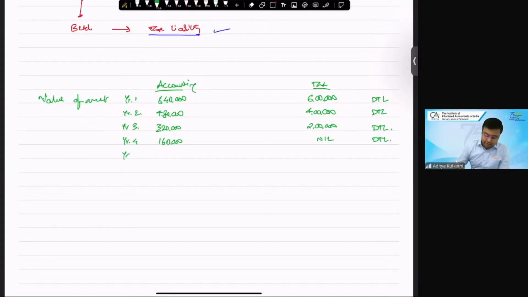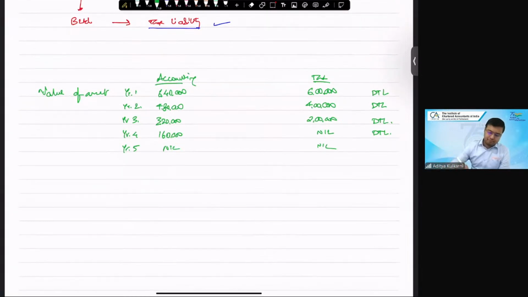In year 5, the status quo comes. Are we able to understand this? Did everyone understand this far? Did you understand why it is giving rise to a deferred tax liability?